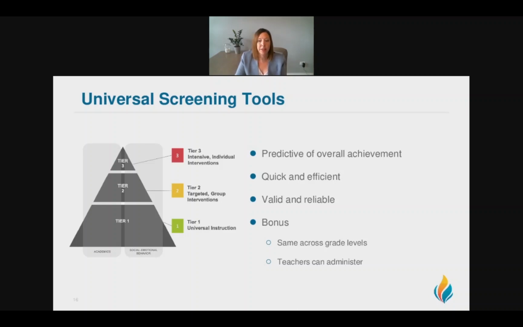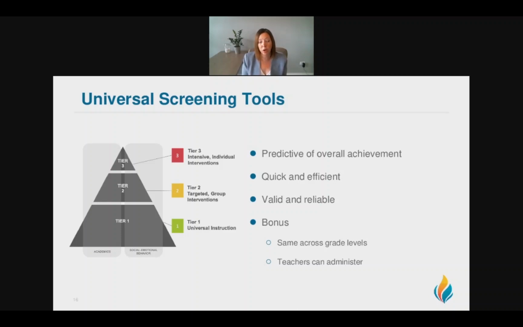So when we think about universal screening tools, we're really thinking about tools that are predictive of overall achievement. When you're selecting universal screening tools, identify those that are predictive of overall achievement in reading or math, that can predict overall social, emotional, and behavioral needs, and that are really quick and efficient to administer.